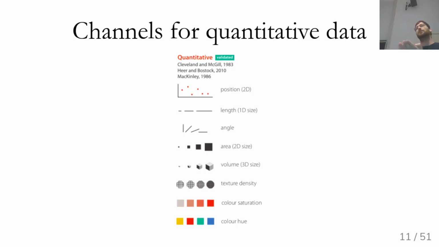If I have the ratio of length, I can maybe sort of do that in my mind, but doing any calculation on color hues is basically impossible. And so if there's a critical aspect of the data, don't encode it as a color hue for quantitative data.